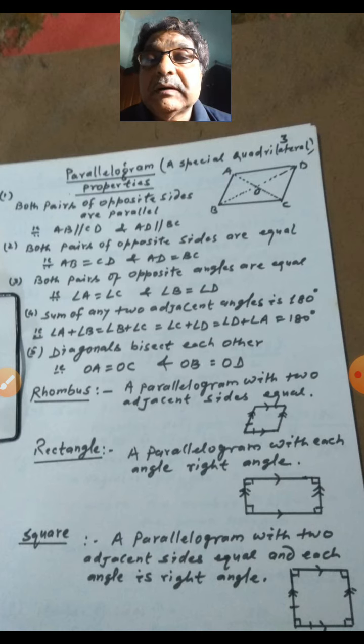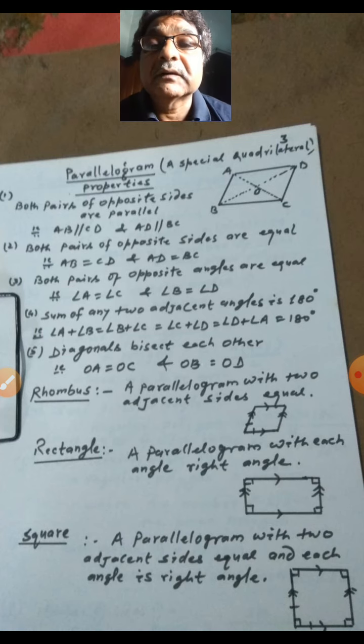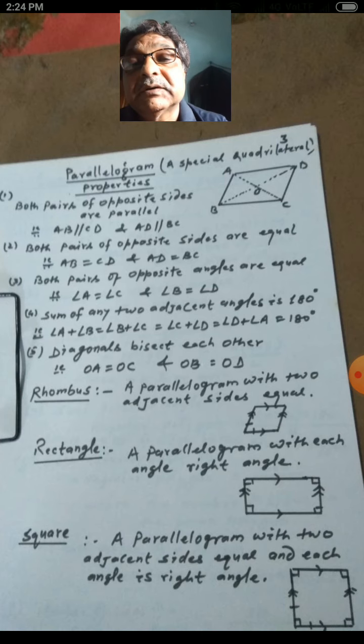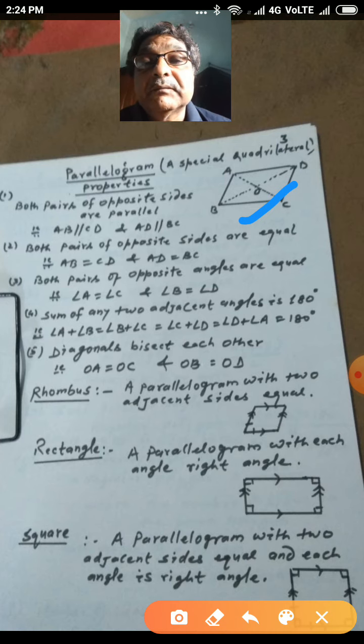So we will discuss the properties related to parallelogram so that the related exercise and rider problems may be solved easily. For this, students, it is needed to memorize all these 5 properties. Look at this parallelogram named ABCD.